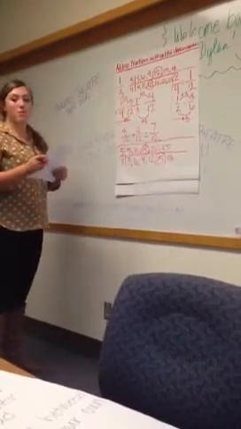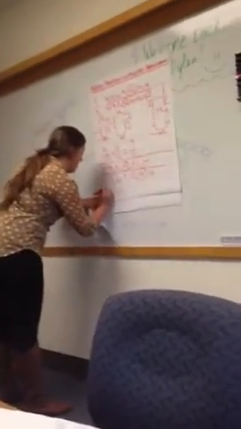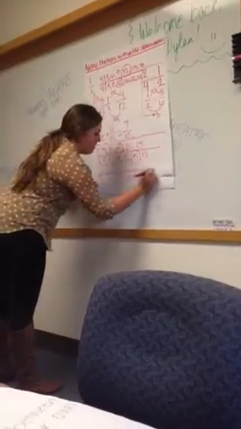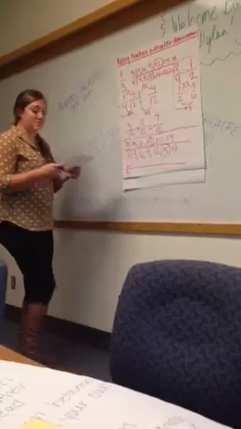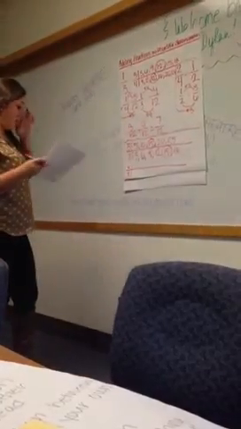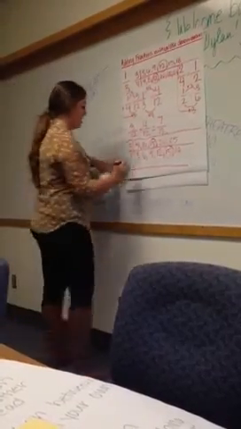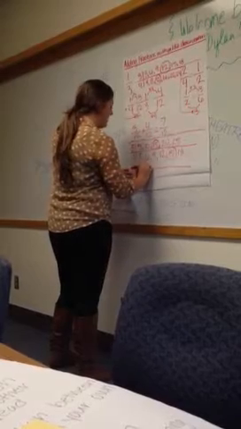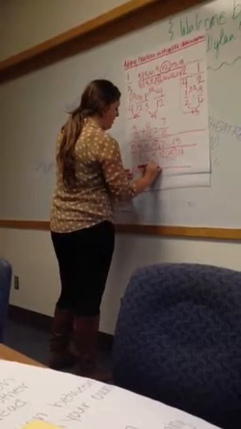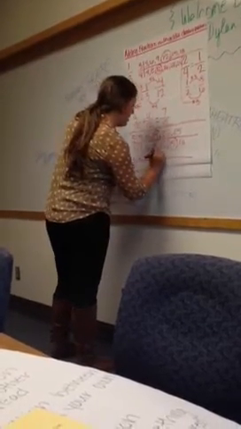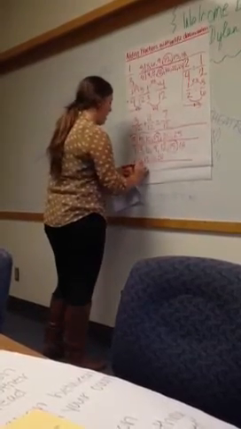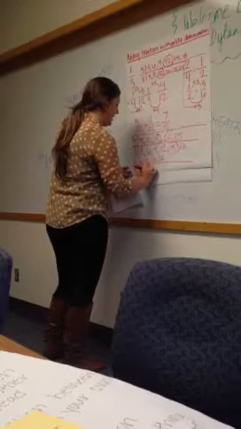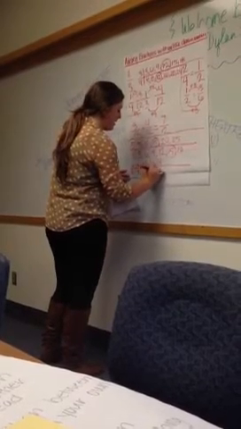Alright, we're going to try one more least common multiple, and that's going to be between 6 and 9. So the multiples of 6 are 6, 12, 18, 24. The multiples of 9 are 9, 18, 27.